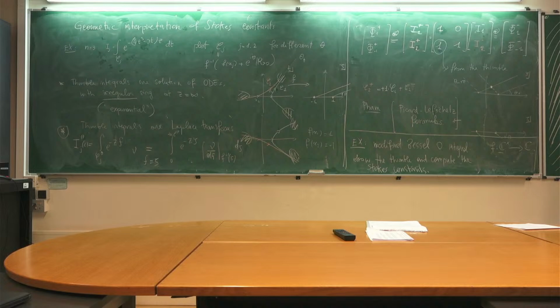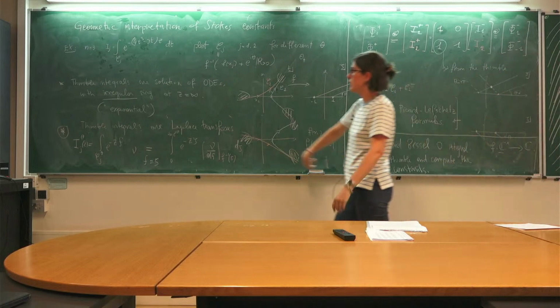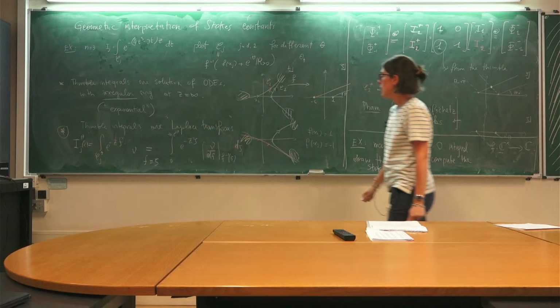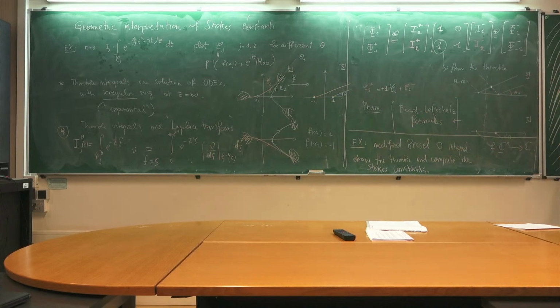Okay, so if there are no other questions, tomorrow I will plot this thing. The plan for tomorrow morning is for the first lecture to have just an exercise, about this example, to see how the picture looks like in the movie, and so see a pictorial way to compute this.